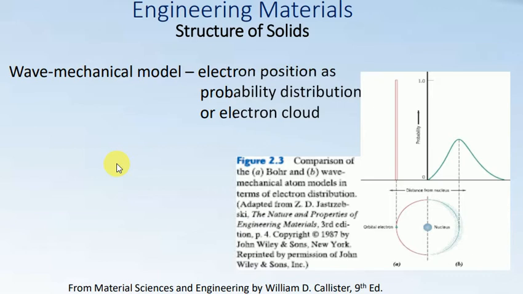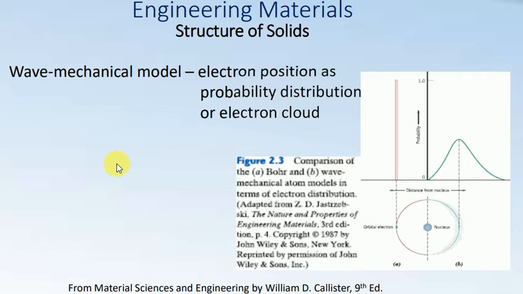For example, if you look at figure 3, which compares the Bohr and wave mechanical models of atoms in terms of distribution of electrons, you can see on the left, in part A of the figure, that the position of the electron is fixed, just like a line. You are seeing that the electron can only be along this line around the nucleus in the orbit.